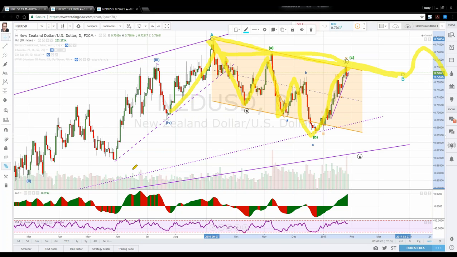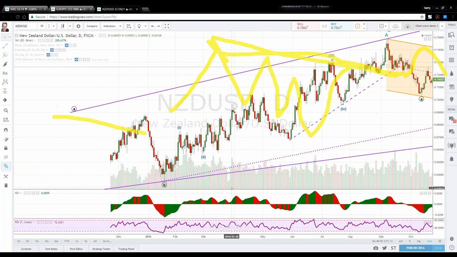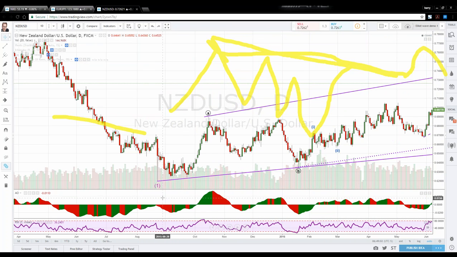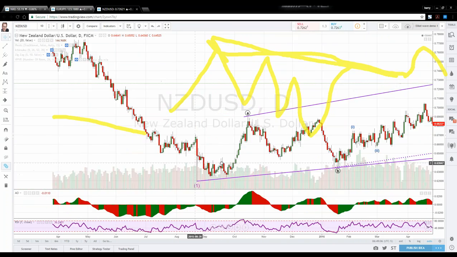No, if you don't find base 1, you can't put on A, B, and C. You can't say this is 2 of 3 or 3 of 5. You need to find where, and just go back in your charts until you can find A, because you need your A's to start establishing your rules. And because you have to figure out where you stand in the middle of this movement.